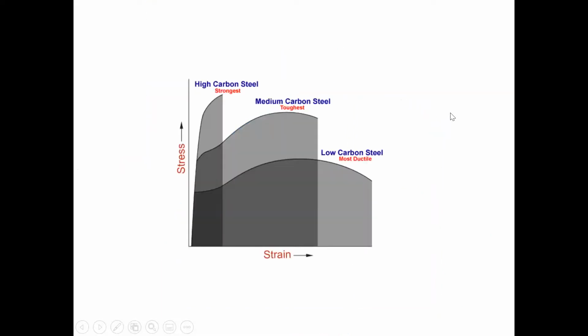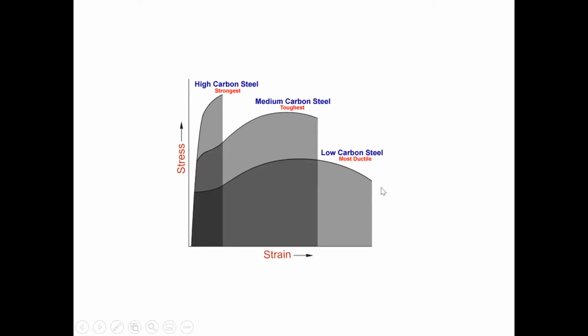So something else to understand is that these are metals, these are actually steels. Steels come in different types. We have high carbon steel or very strong, what we call high strength steel. And these contain quite a lot of carbon. And then we have medium strength steel. And then we have low strength steel. So low strength steel or low carbon steel is the most ductile.